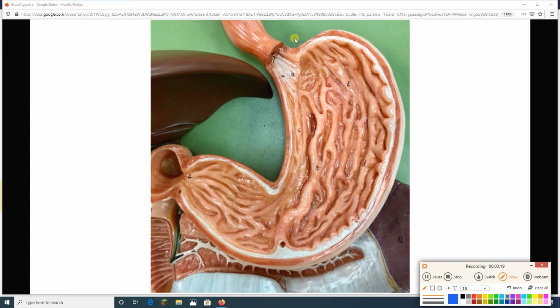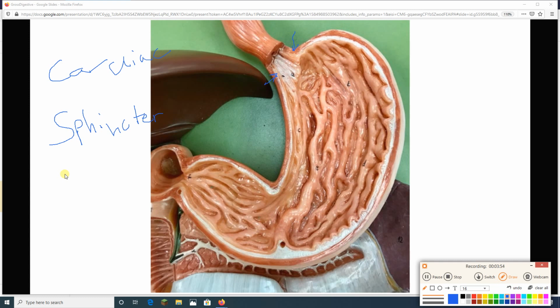We're going to see the smooth muscle of the stomach right here, where I put two ugly blue arrows. That is the cardiac sphincter. Again, I apologize for my penmanship. The primary job of the cardiac sphincter is to prevent backflow from the stomach to the esophagus. Remember, the stomach makes this gastric secretion that's really acidic.